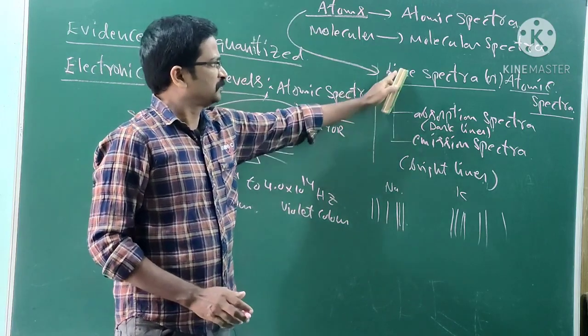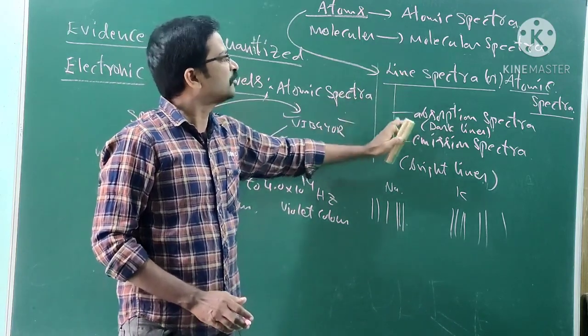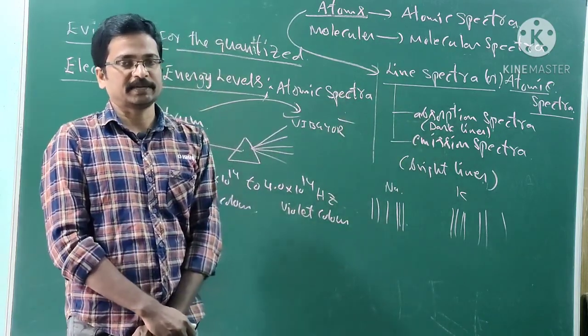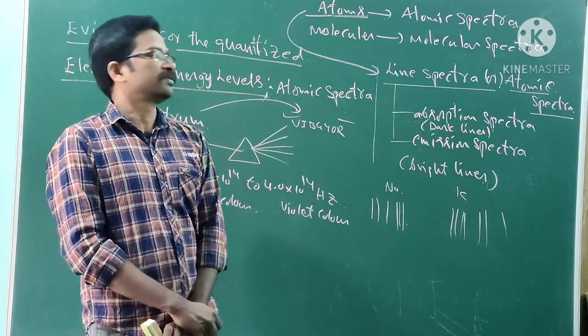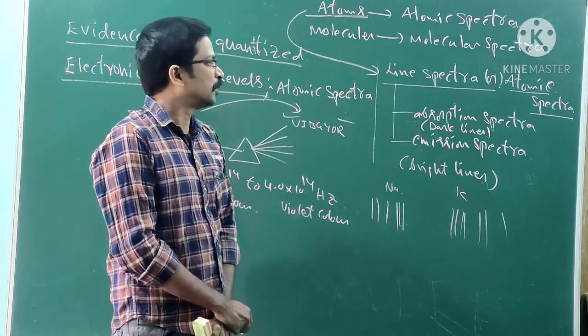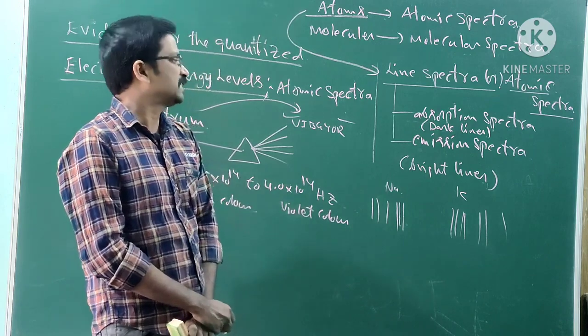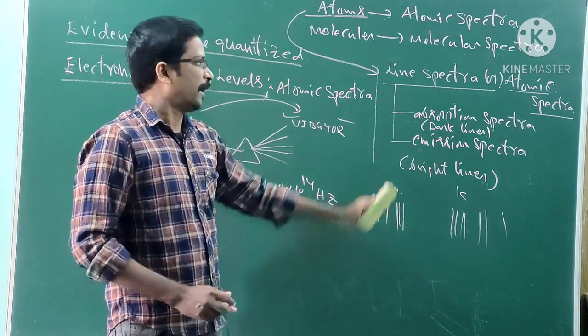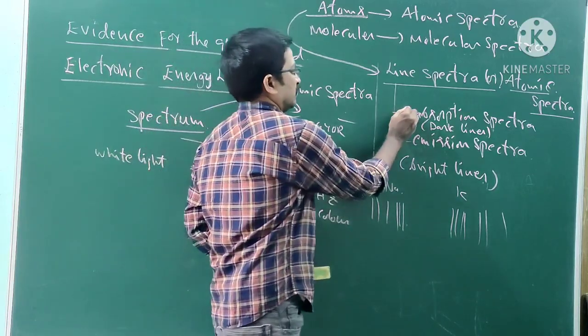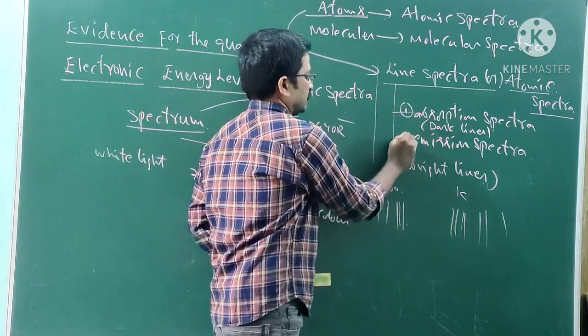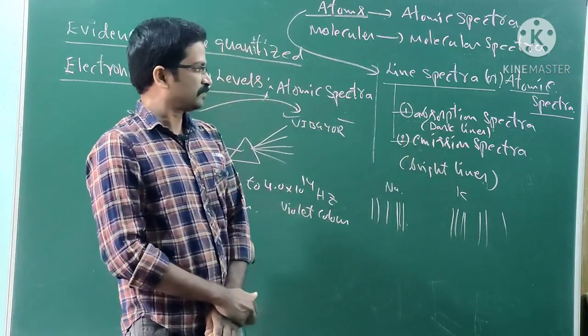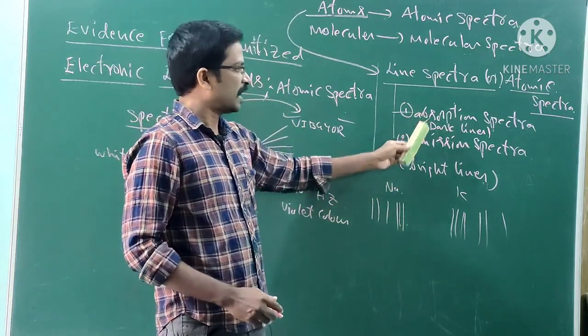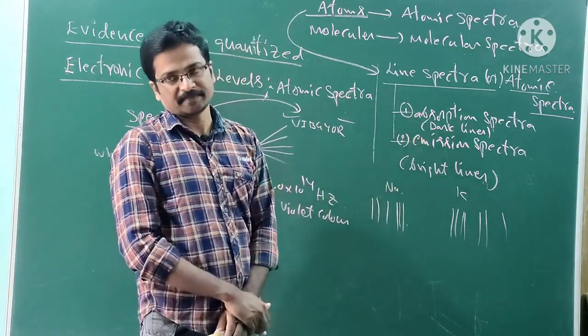Line spectra are of 2 types. One is absorption spectra. The second one is emission spectra.